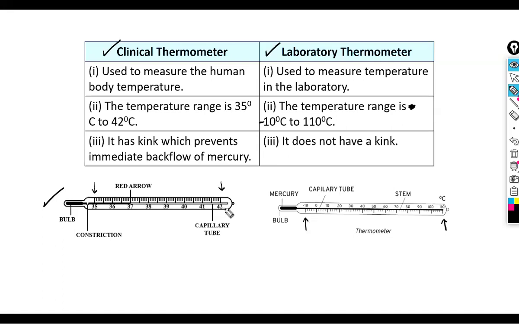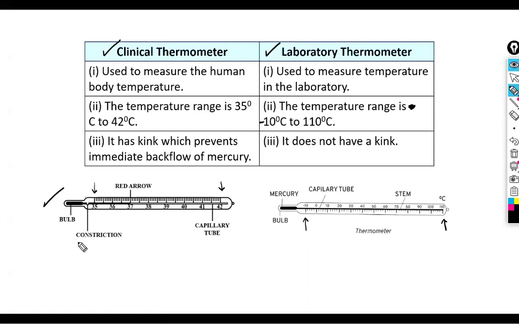By now, everyone knows 42 is a really high body temperature. And if you go and measure your temperature and it's 42 degrees, there's a good chance you're not going to make it. All right. So these here are the little differences between a clinical thermometer and a laboratory thermometer.